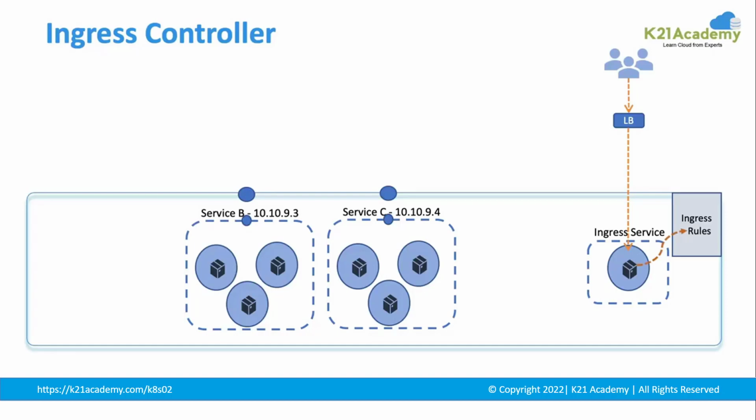What sort of rule? It has that if you're trying to open xyz.com, then route the traffic to service C. If you're opening the web page of abc.com, route the traffic to service B. Like those entries are maintained, which are called rules, and it's called path-based routing.